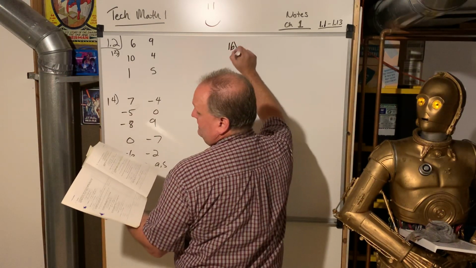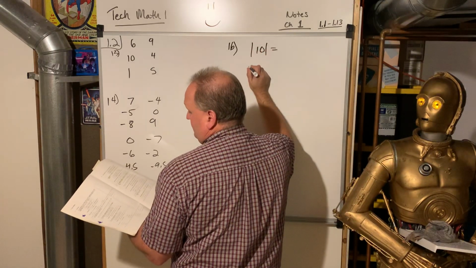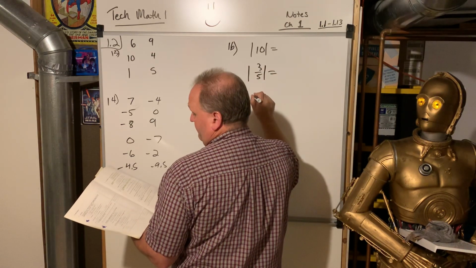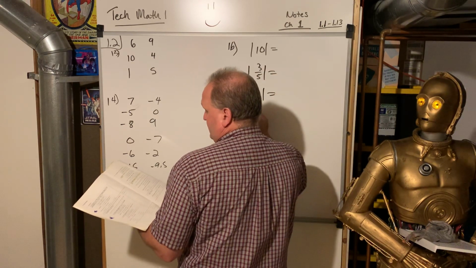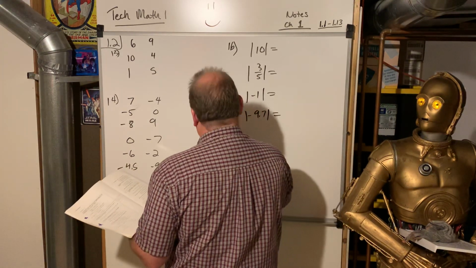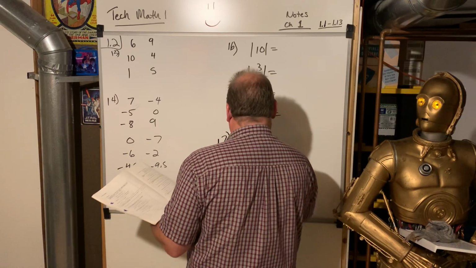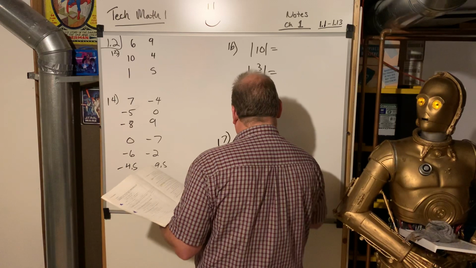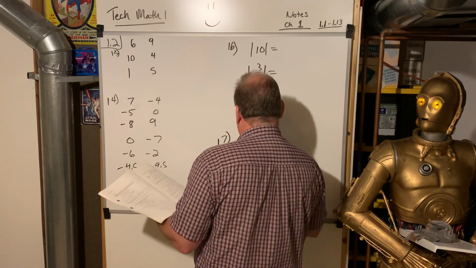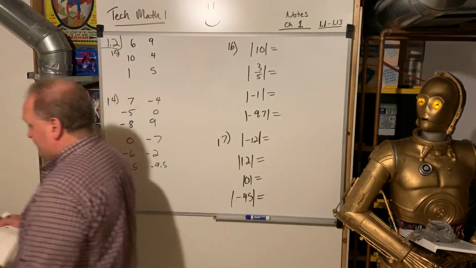Number 16 is the absolute value. The absolute value of 10, the absolute value of 3/5. The absolute value of negative 1. The absolute value of negative 9.7. The absolute value of negative 12. The absolute value of 12. The absolute value of 0. And the absolute value of negative 45.